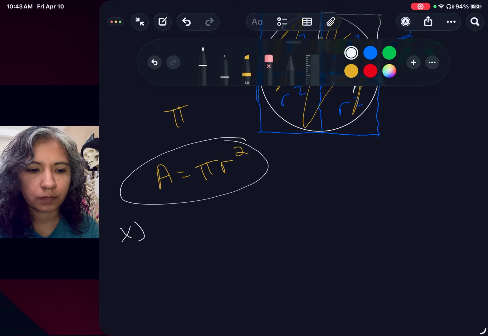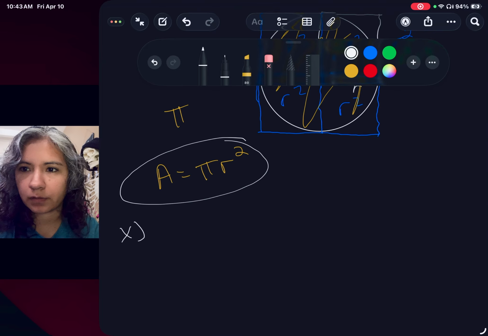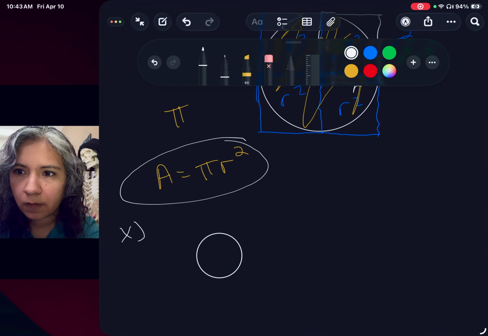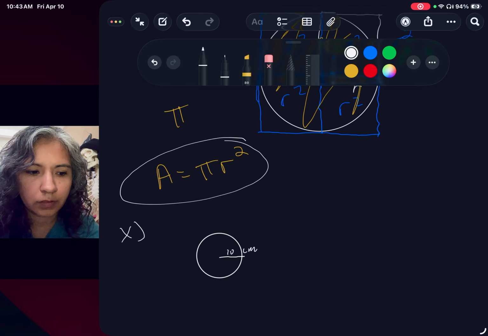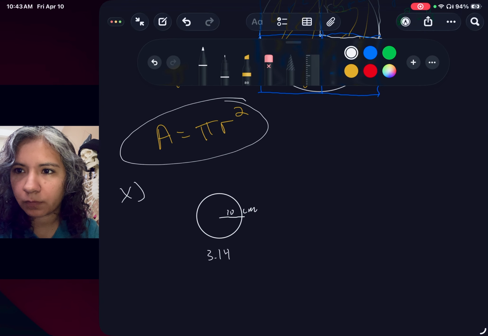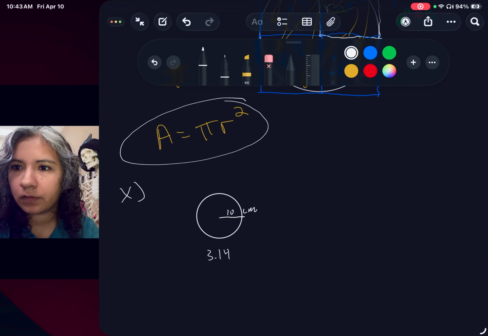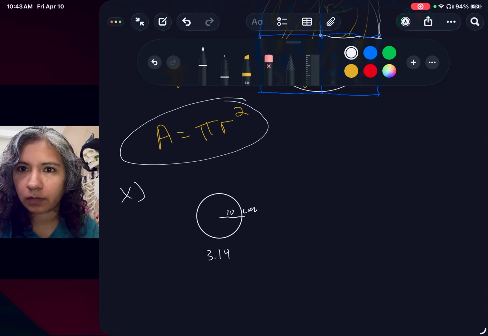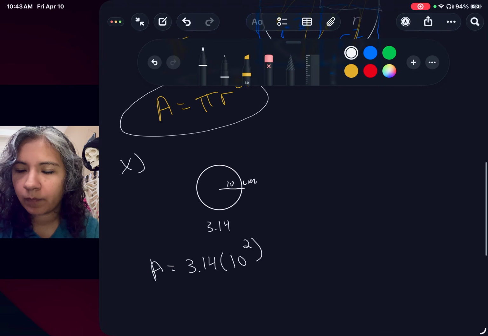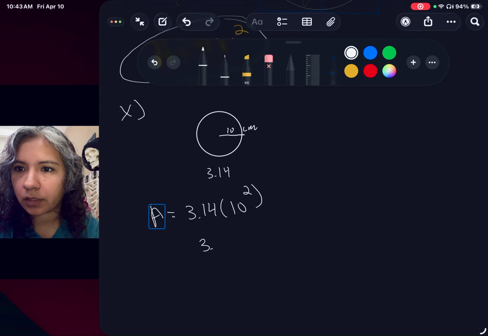So let's find the area of a circle that has a radius of 10 centimeters. We're going to use 3.14 for pi. So the area is going to be 3.14 times 10 squared. 10 times 10 is 100.